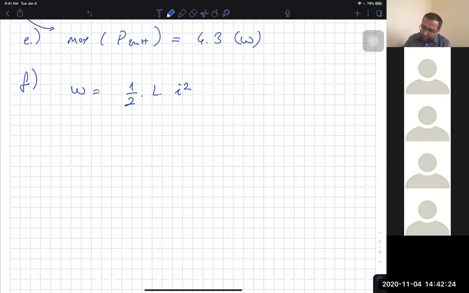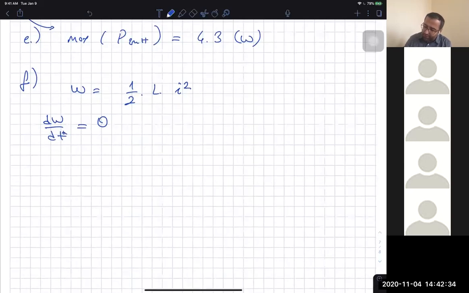So this is 1/2 L i squared, and the maximum occurs at the time instant when di/dt is equal to 0, right? So when you have the maximum current, you will have the maximum energy. Is this okay for everyone?